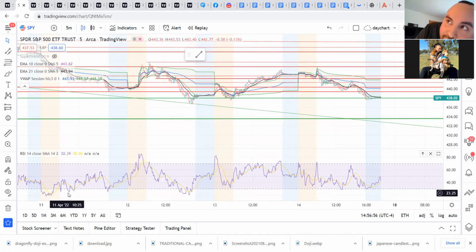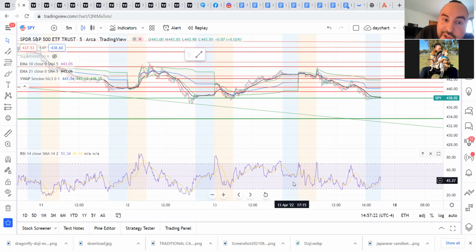RSI. Generally, I look for an RSI of over 38 to enter puts, and generally an RSI under 62 to enter calls.